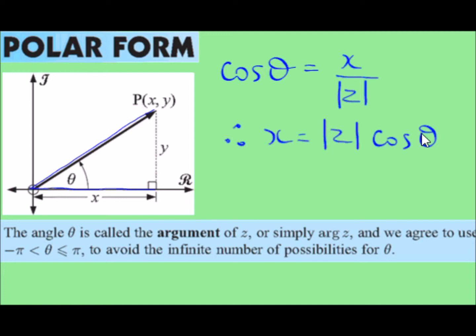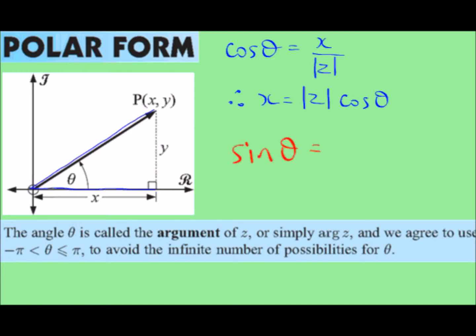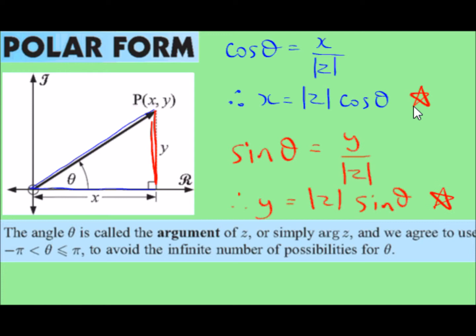Do the same for the sine of the angle, and we get sine of theta is equal to the opposite length, y, divided by the length of the complex number. Once again, rearrange to get y by itself, and we end up with mod z times the sine of theta. So the coordinates x and y can be expressed in terms of the angle and also the length of the complex number.